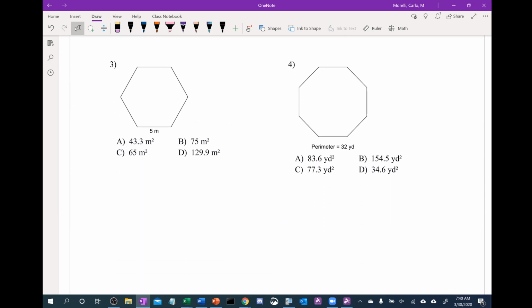So here's where the stuff gets more interesting. Kind of the big key here is, how do you divide this shape, which is a 6-sided shape? 1, 2, 3, 4, 5, 6. This is a hexagon. How do you divide this shape into smaller triangles? Well, I connect opposite sides like this.